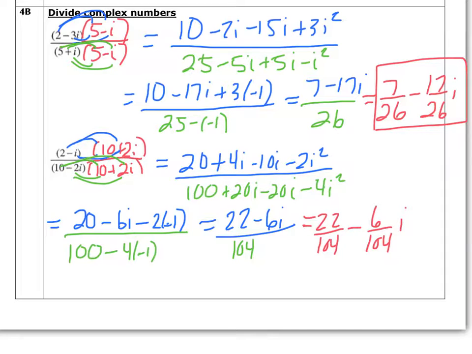I can divide this by 2 and divide this by 2. 22 divided by 2 is going to be 11. 104 divided by 2 is going to be 52. Similarly here, I can pull out a 2. 6 divided by 2 is going to be 3. So it's going to be minus 3 over 52i.